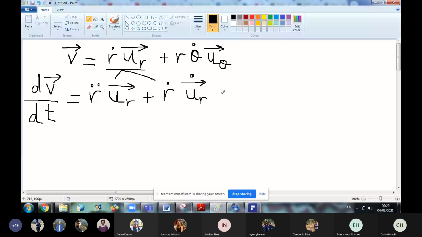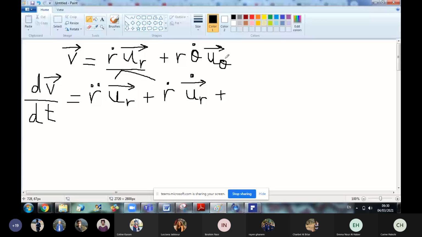Okay, second step, we will derive the second term now. The second term has three components: r, theta dot, and u theta, as if we have u v w. If you want to derive u times v times w, what is the formula? u prime v w plus u v prime w plus u v w prime.